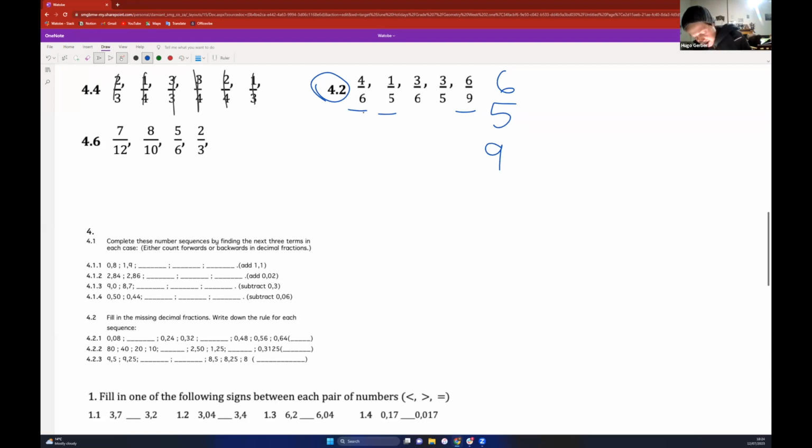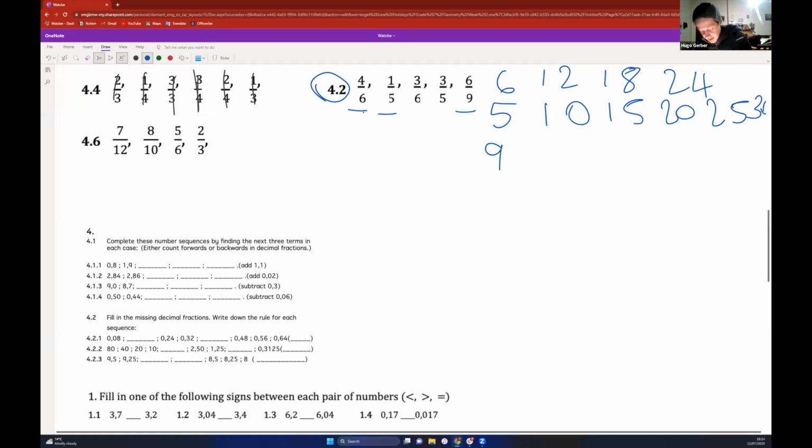Multiples of 6: 6, 12, 18, 24, so on and so forth. Jubilee, you get what I'm saying? For 5, we're going to have 10, 15, 20, 25, 30.